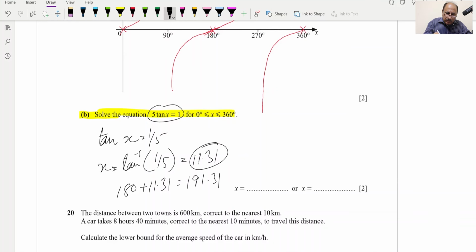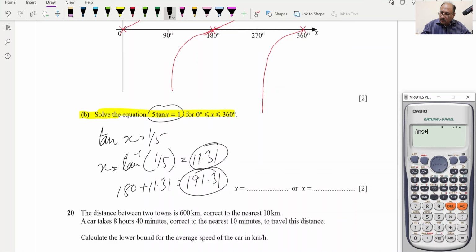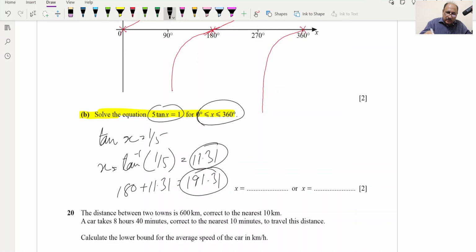So these will be the two solutions, the two values of x. And if we add one more 180, that will be 371, which is out of our range, so we'll not be taking that one. So our answer will be 11.31 and 191.31. These will be our answers to my question.